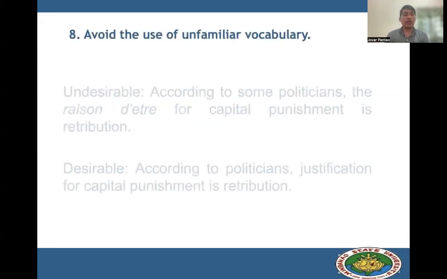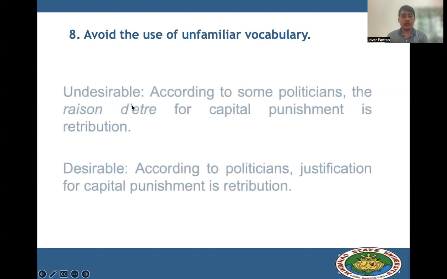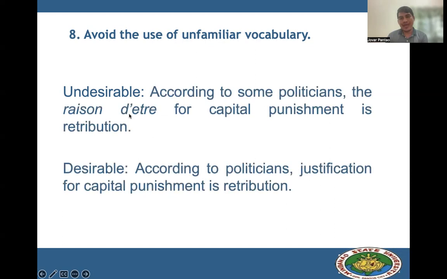Now, rule number 8, you have to avoid the use of unfamiliar vocabulary. So for this, the undesirable statement, "raison d'etre" is something that would not be familiar to the students, and you are not supposed to be putting that on the statement.